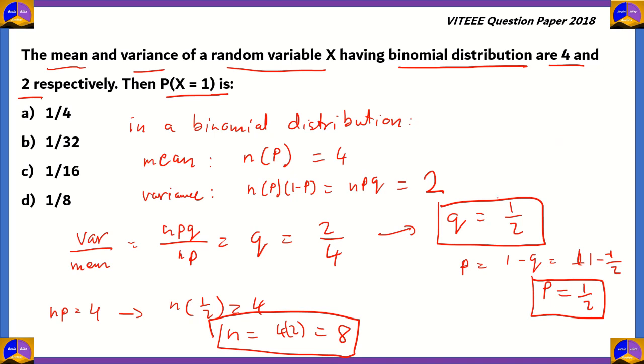And the reason why we're finding the values of n, p, and q is because in order to find the value of P of x equals 1, we would need to use a combination. So P of x equals r can be written in combinatorics as nCr, p raised to r, q raised to n minus r.